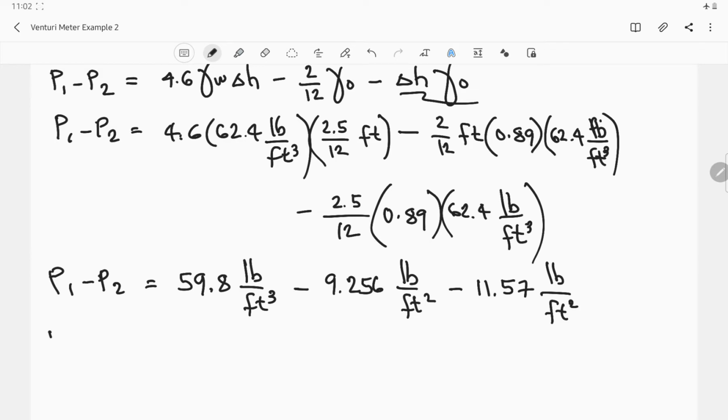So our P1 minus P2 is now equal to, solving for it, 59.8 minus 9.256 minus 11.57. So that's 38.974.